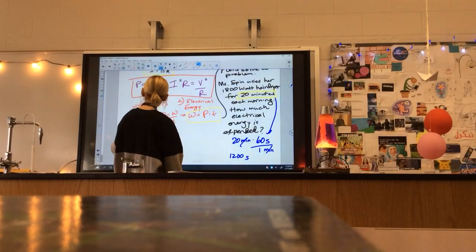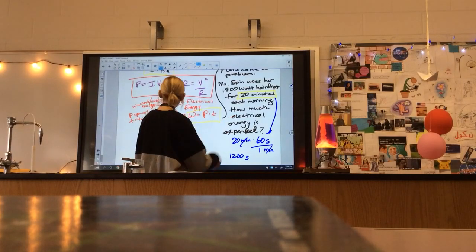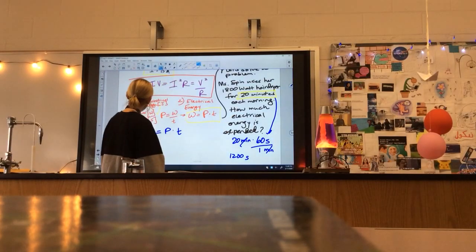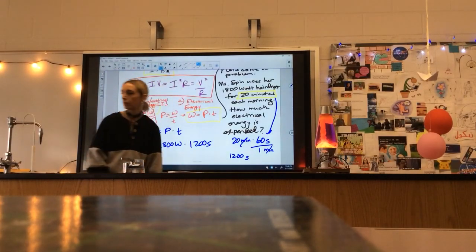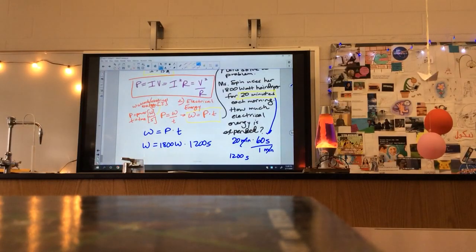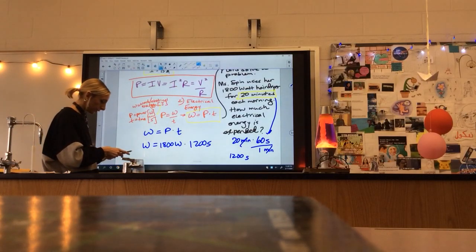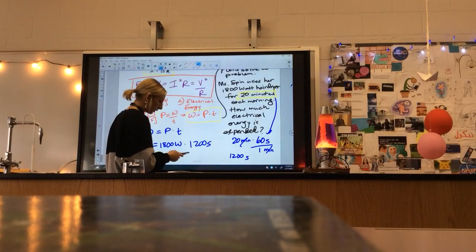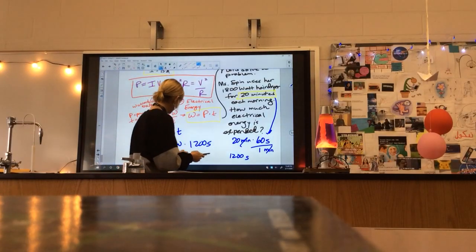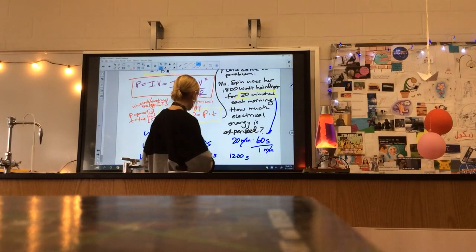1800 watts. So we're going to plug into electrical energy is equal to the power rating of the hairdryer times the amount of time it's used for. So W is equal to 1800 watts times 1200 seconds. 1800 times 1200 is 2,160,000 watt seconds, in other words, joules.